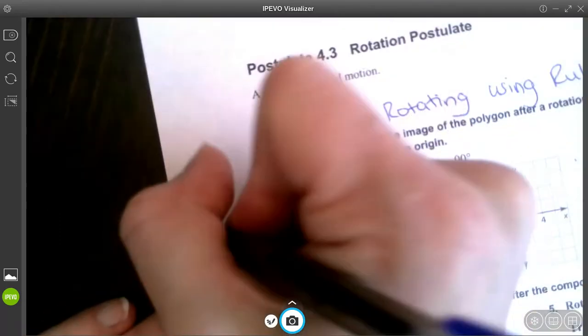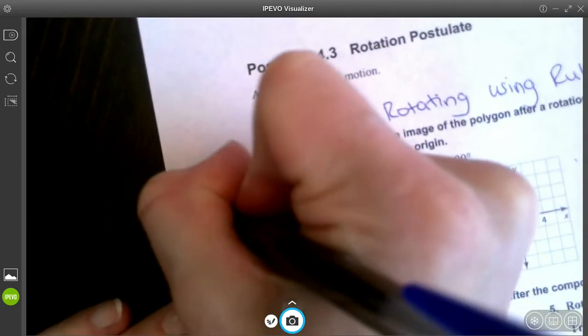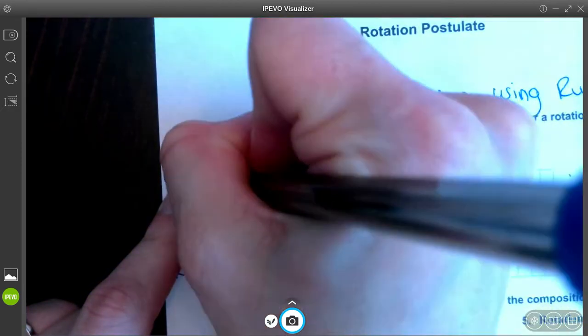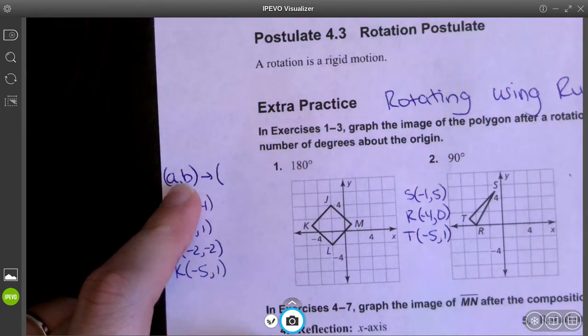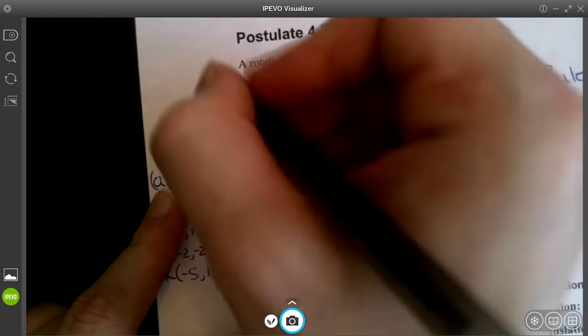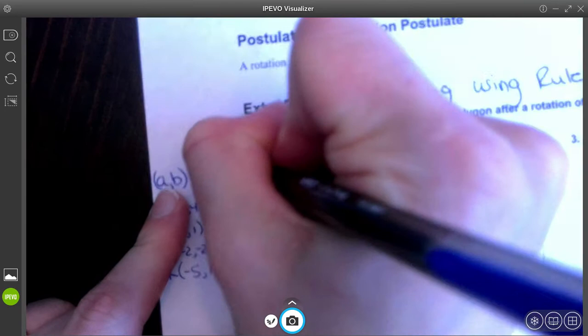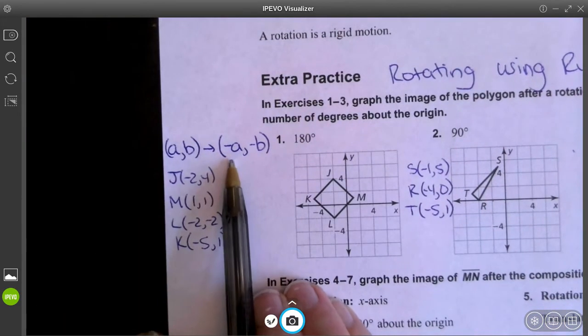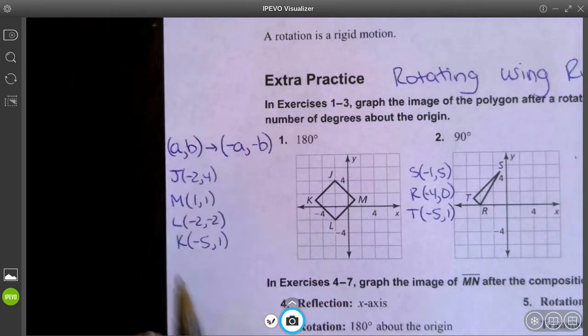What the rule tells us is that after we rotate, the X and Y coordinates are going to stay the same number, but they're just going to become opposites. So if it was a positive number, it will become negative. If it was a negative number, it will become positive.